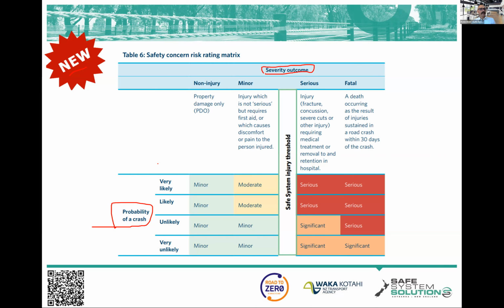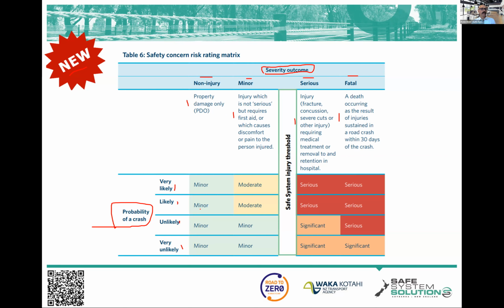And it has very likely, likely, unlikely, very unlikely, and we've got non-injury, minor, serious, or fatal. And you've got some information about what each of these are as you go along.